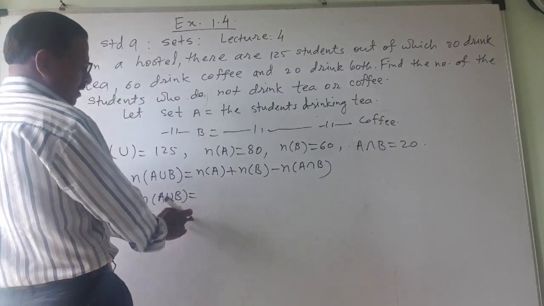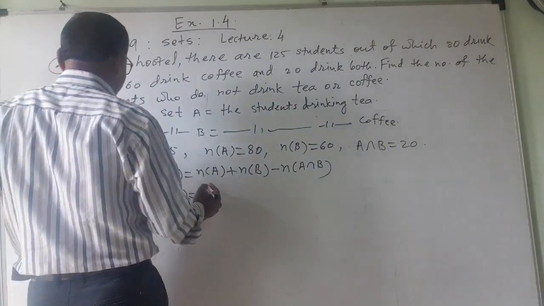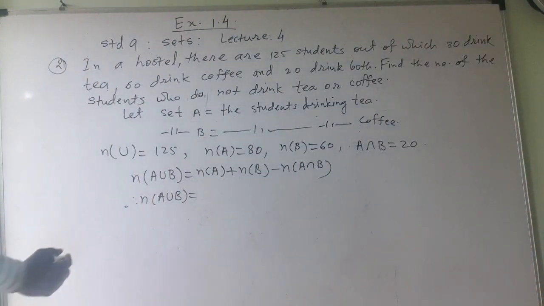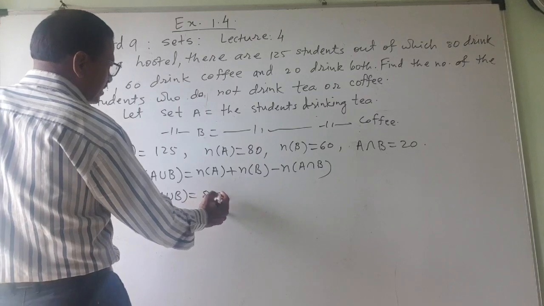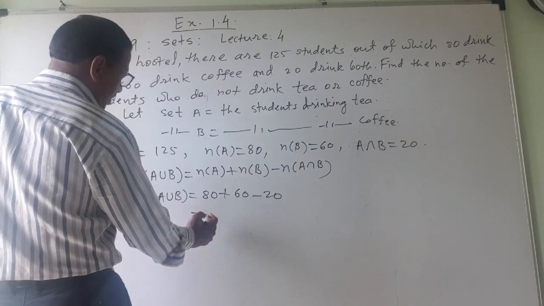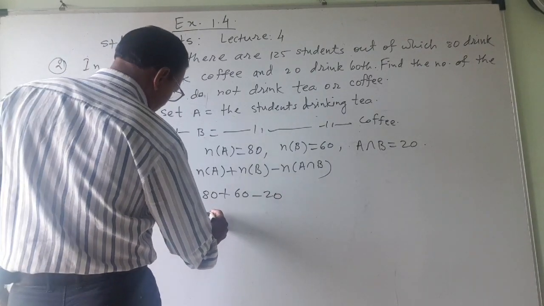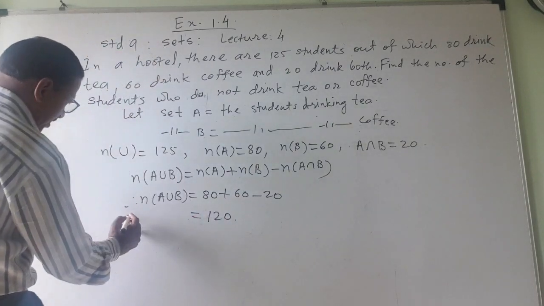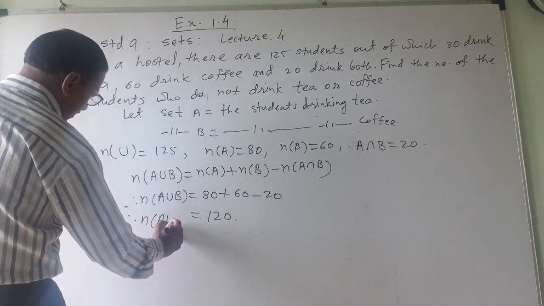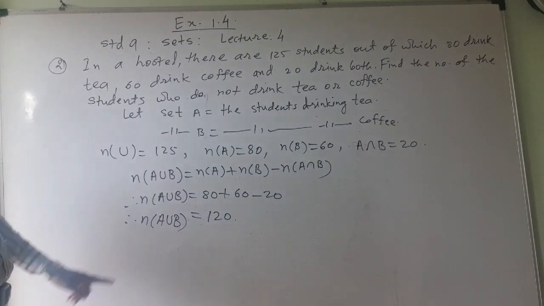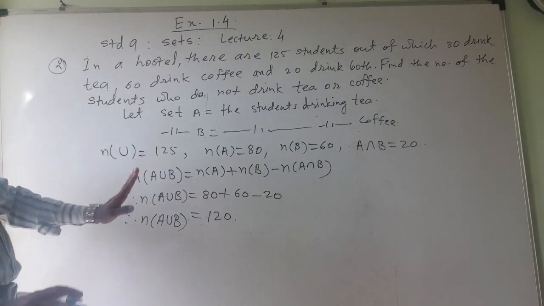N of A is 80 plus B is 60 minus this 20. So that is equal to 120. 140 minus 20, 120. These are the number of the students taking either of this. Means how many are remaining? Those 5 remaining, they are not taking anything.